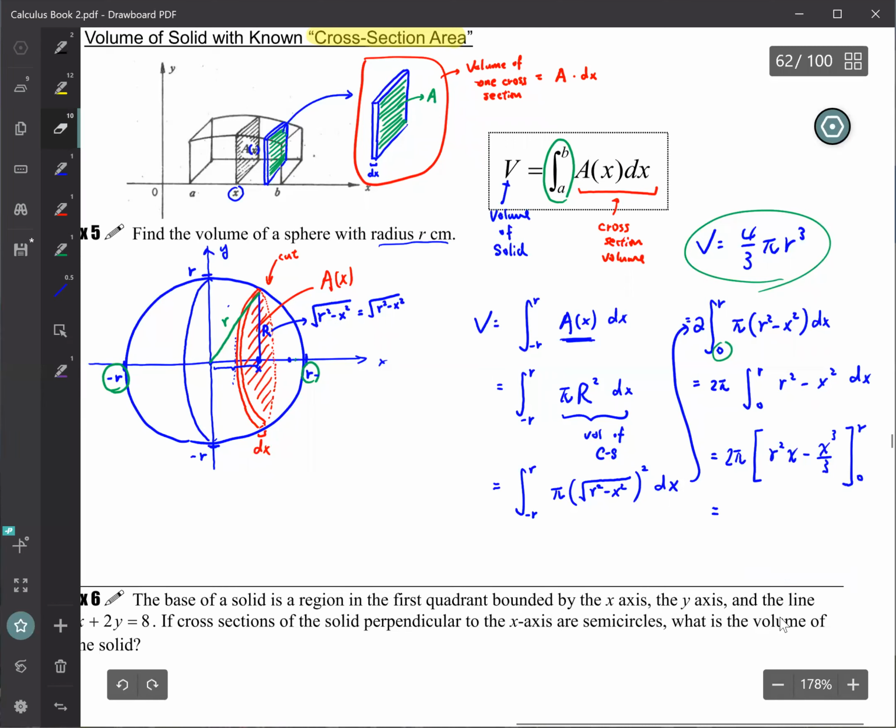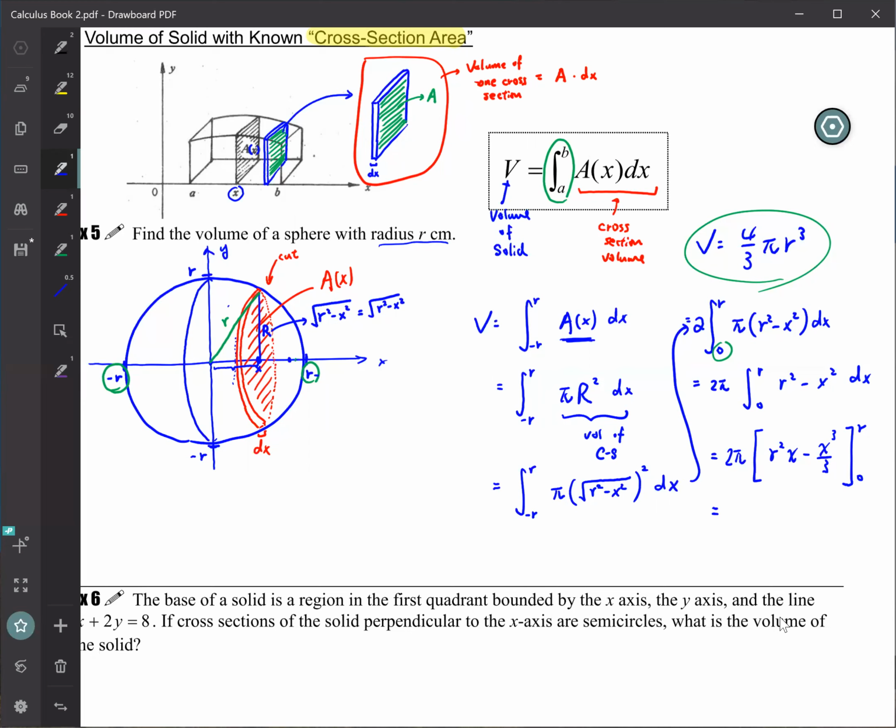Raise your hand if you can get 4 over 3 pi r cubed. Only Jesse found it.